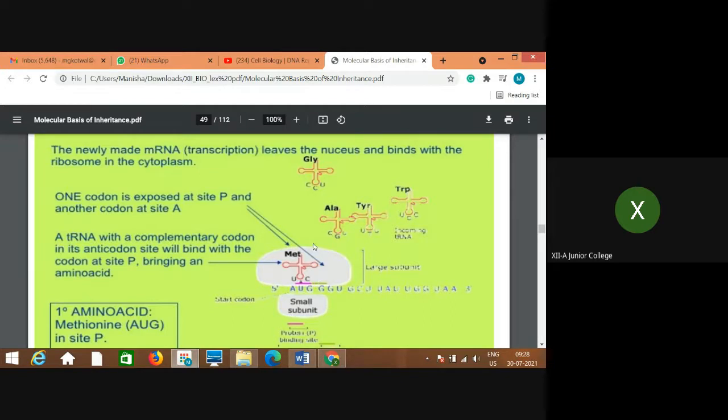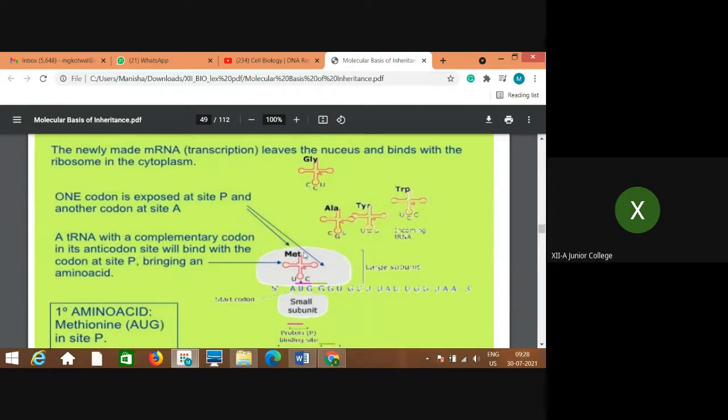Now what happens at the second codon, suppose GGU. For GGU, the complementary nitrogen bases on the anticodon loop of the tRNA should be C, C, A. So the second tRNA will come and get attached to the second codon of the mRNA, carrying its particular amino acid at its 3' end.